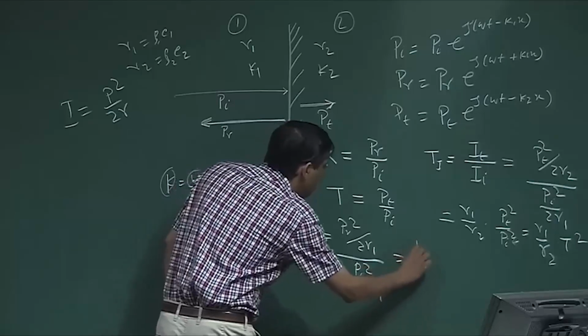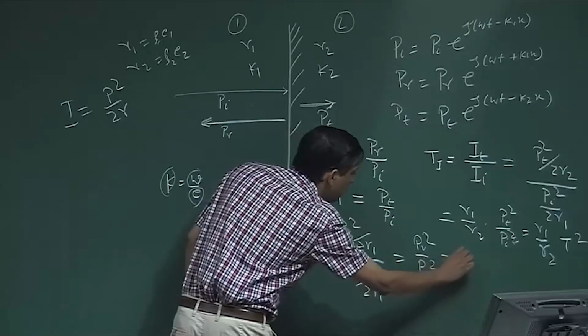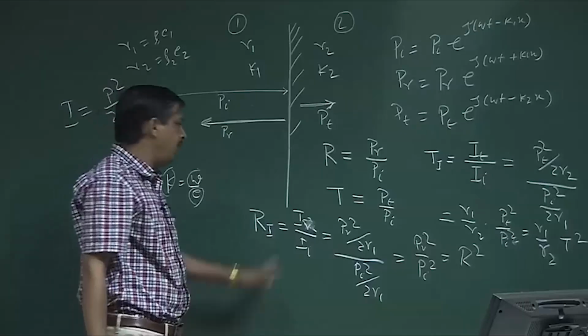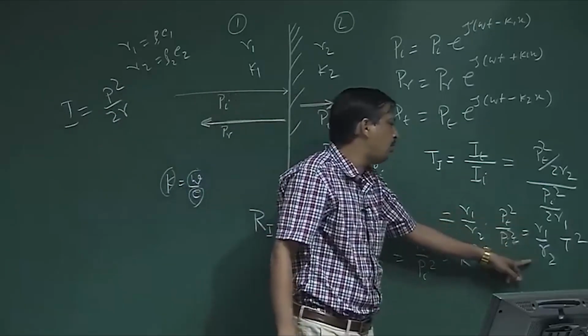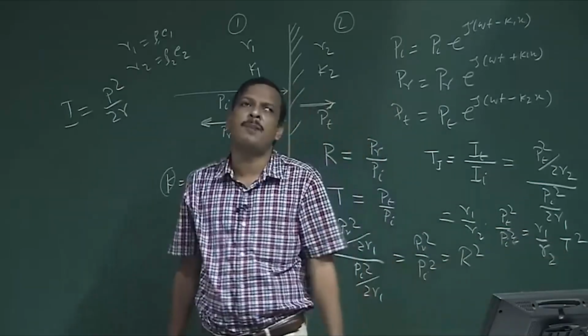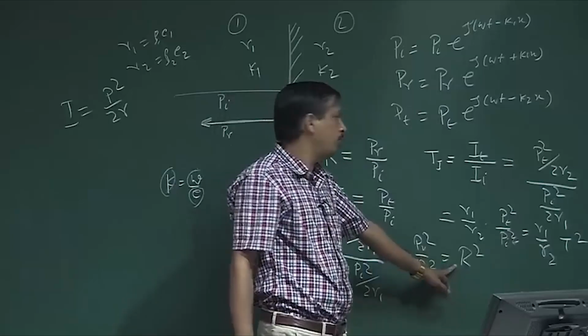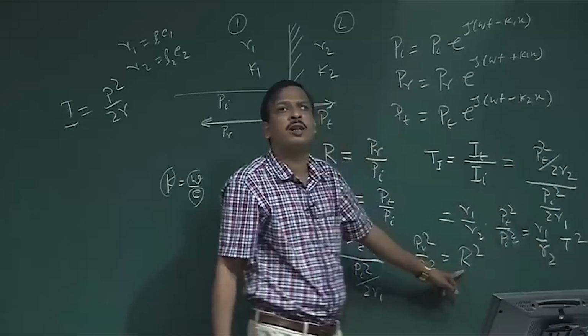So it is Pr square divided by Pi square, which is R square. So Ri is R square and Ti is r1 by r2 into T square, where T is the transmitted pressure coefficient and R is the reflected pressure coefficient.